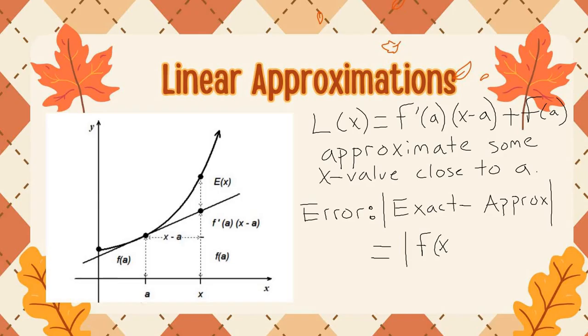Because I'm approximating some other value besides a. I'm using a to approximate that other value. You could put a b there if it makes you happy. Just don't put a's, because I don't want you to get confused with the a's that we're already using. Minus what? L of x, yeah. Whatever we got when we plugged that value into our approximation.